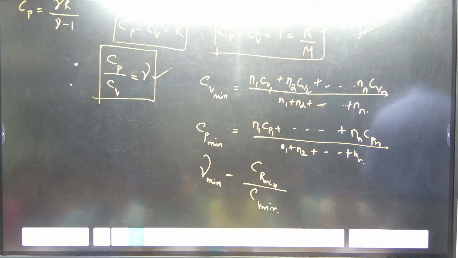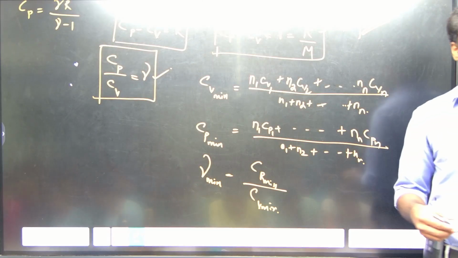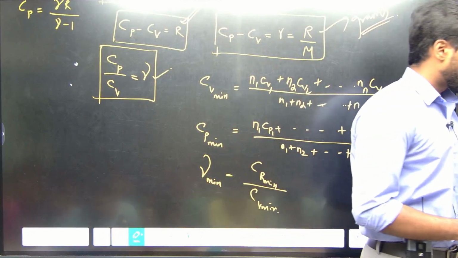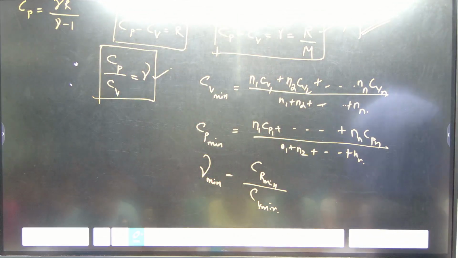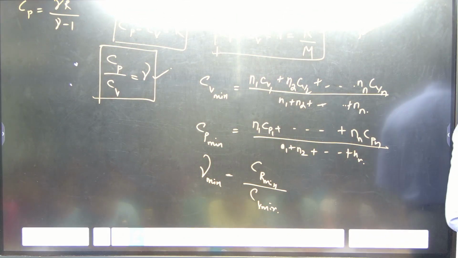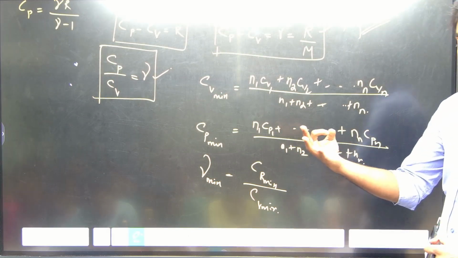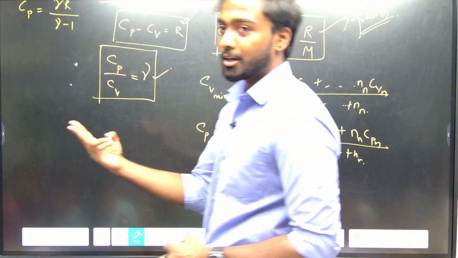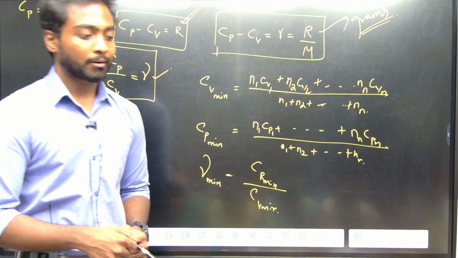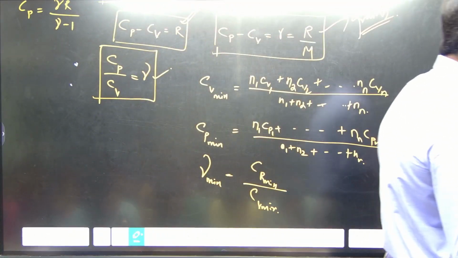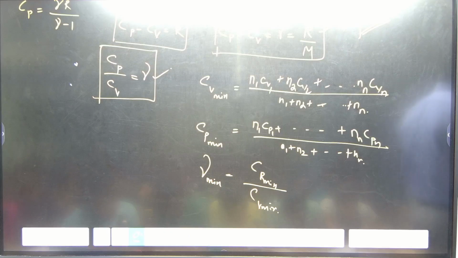The next one, diatomic gas. Degree of freedom is 5. So in this 5, 3 is translational, 2 is rotational. You can write that down.